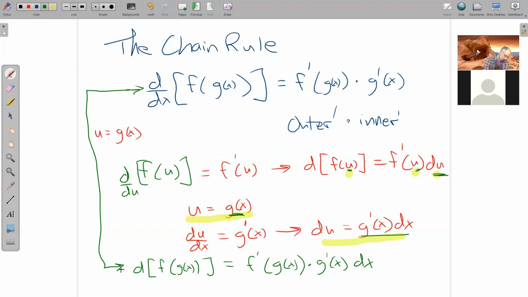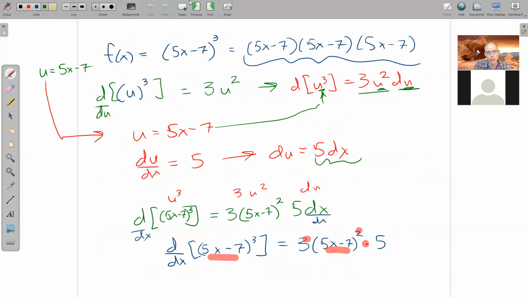And so now we have an extra rule that allows us to take derivatives we couldn't do earlier at all or couldn't do easily. So for example, this derivative is doable without the chain rule. It's just a lot more work because either I have to distribute all this stuff or apply the product rule twice.